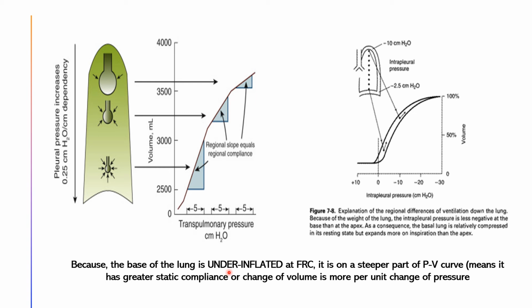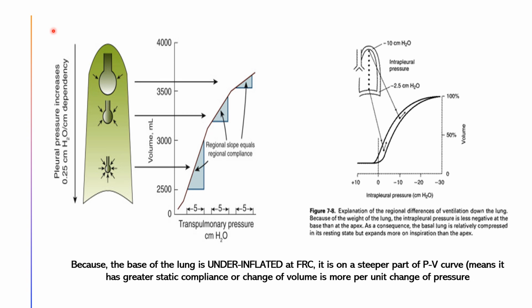The pressure volume curve shows the static compliance of the lung, that is the change of volume of lung per unit change of pressure. As the volume is less, we can expect that with unit change of pressure, the volume change will be much higher at the base.